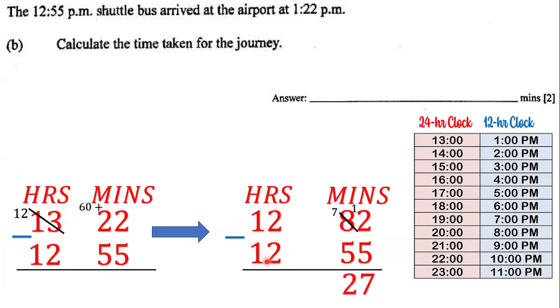And 12 minus 12 is going to be 0. And so what we have here is 0 hours and 27 minutes. And so that means that the time taken for this journey is going to be 27 minutes. So the correct answer for this is 27 minutes. And that's the answer to this question.